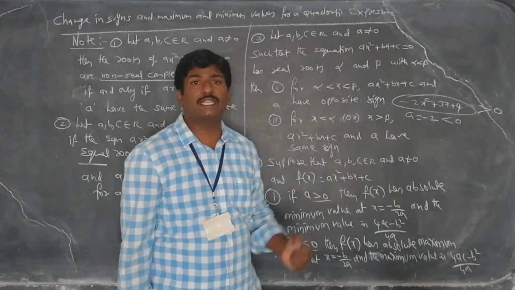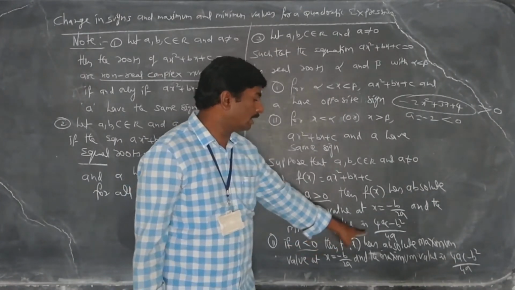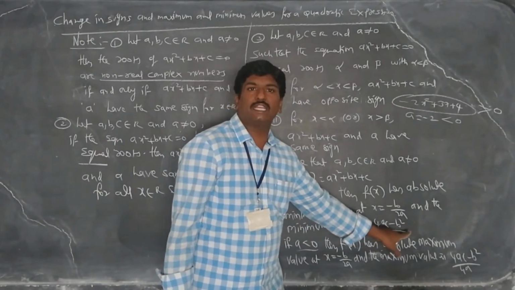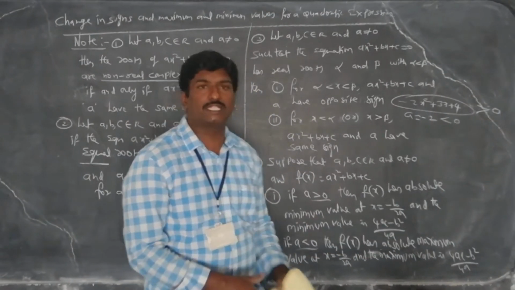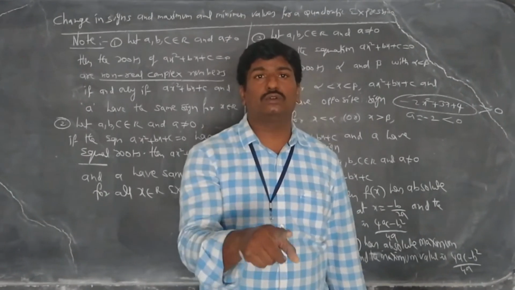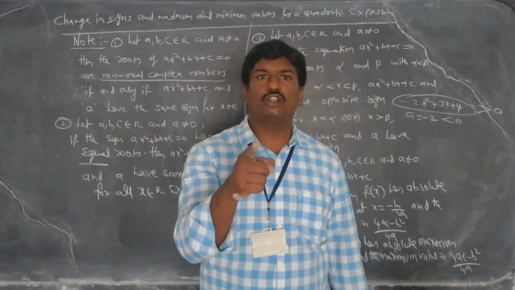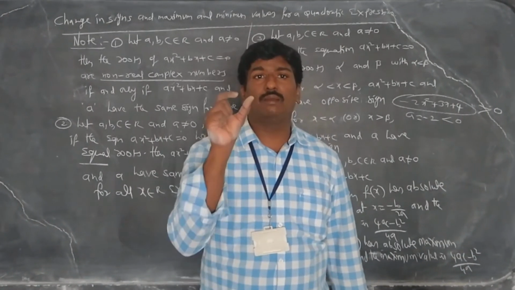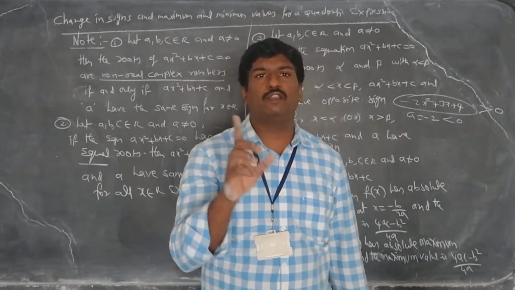And what is that minimum value? That is 4ac minus b square by 4a. Understood? So when the coefficient a of x square is positive, the function has only an absolute minimum at x equal to minus b by 2a, and the minimum value is 4ac minus b square by 4a.